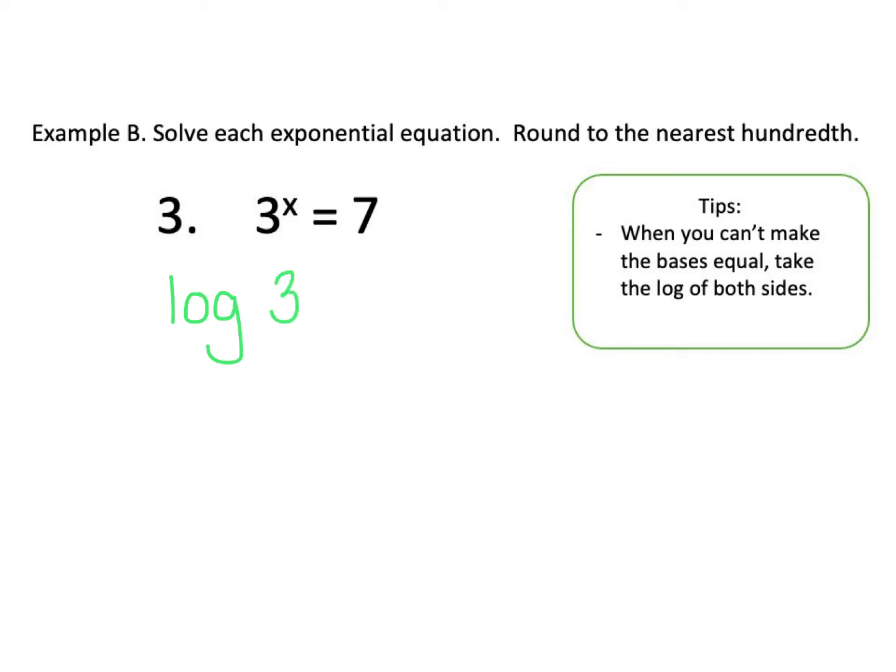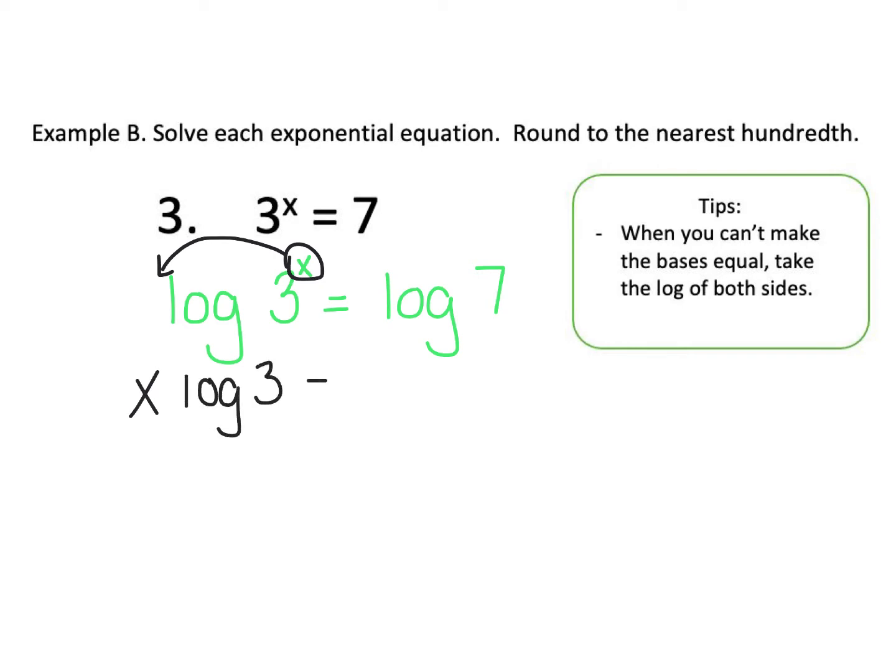So this would be log of 3 to the x power is equal to the log of 7. Now I'm going to use my log properties. So I have an exponent here inside the log of 3 to the x, and an exponent in a log is your power rule. So I'm going to bring this x out front, so it will be x times log of 3 is equal to log of 7.